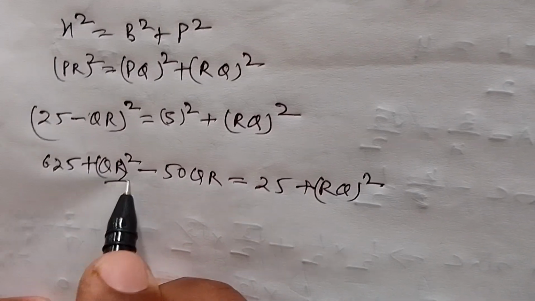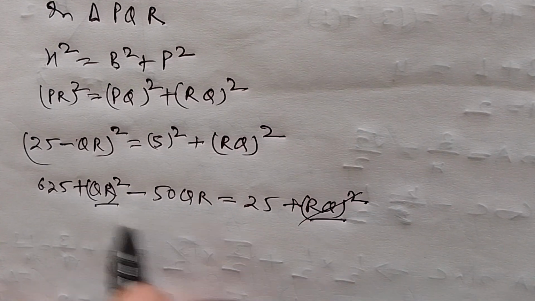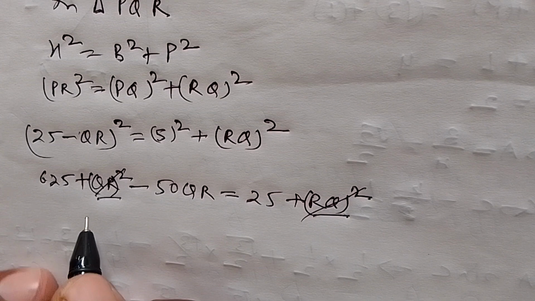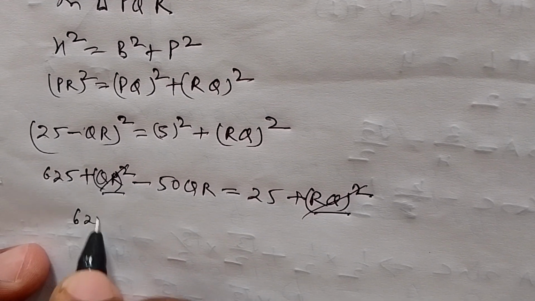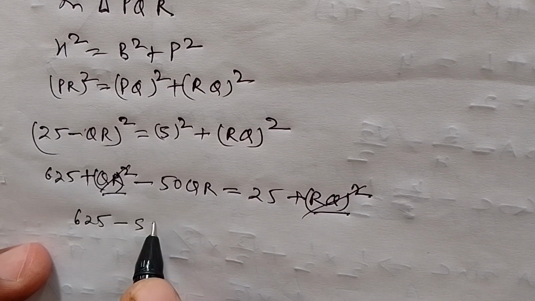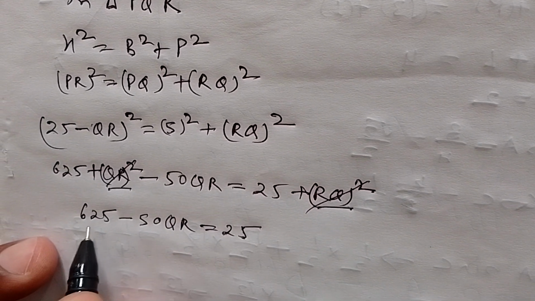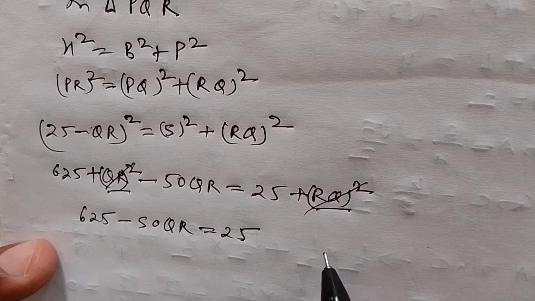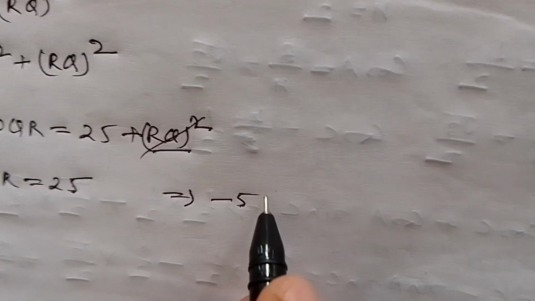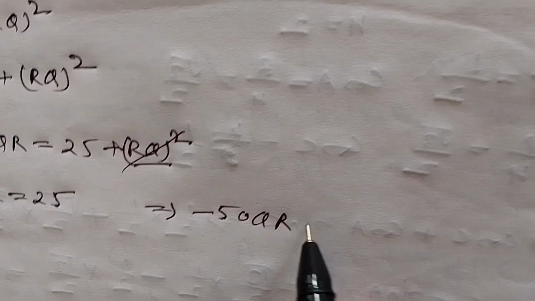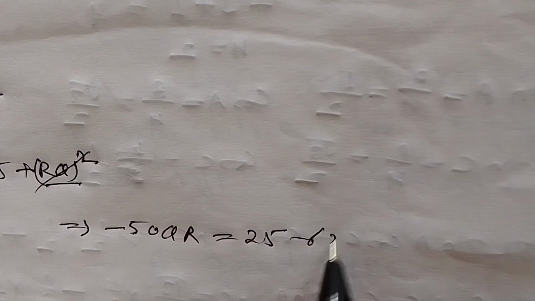Since this RQ square and QR square are the same, they cancel. We now have 625 minus 50 QR is equal to 25. We carry this 25 to the other side. The equation becomes minus 50 QR is equal to 25 minus 625.